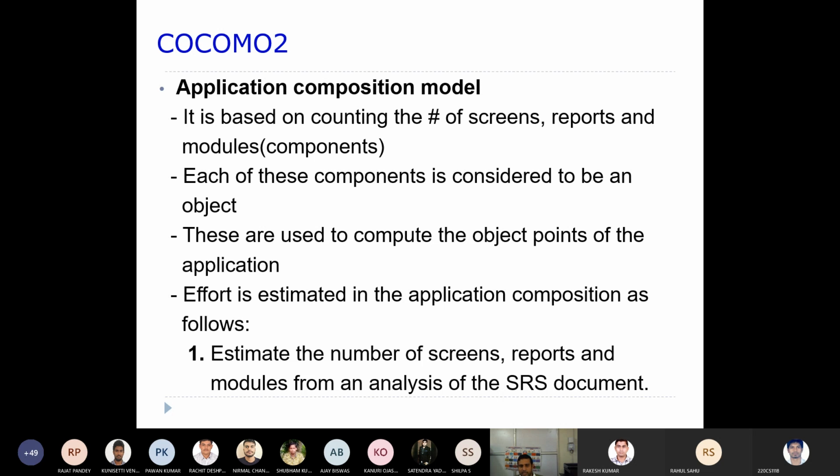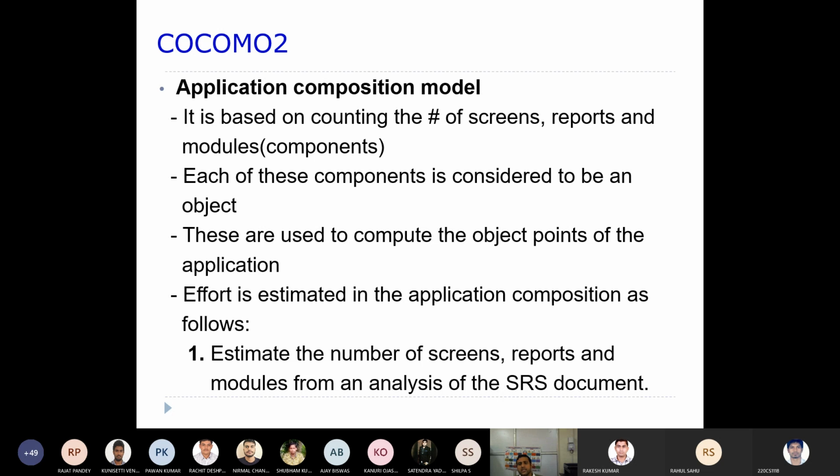And different components, right? Each of these components is considered to be an object. Whatever components you have, each and every component will be considered as an object, because we are going to compute something, the number of objects.